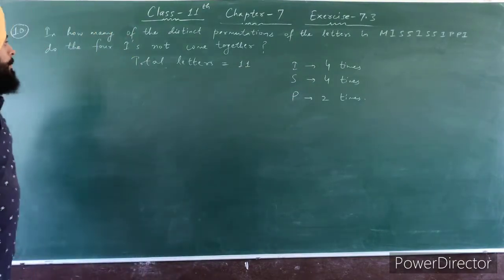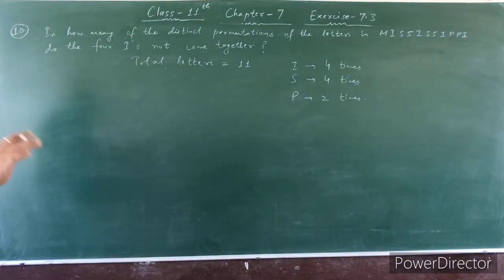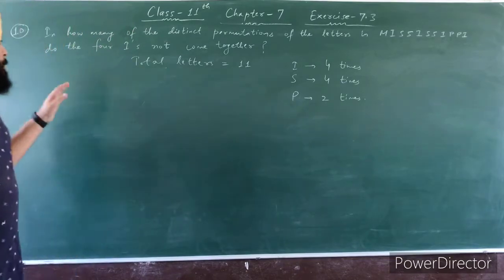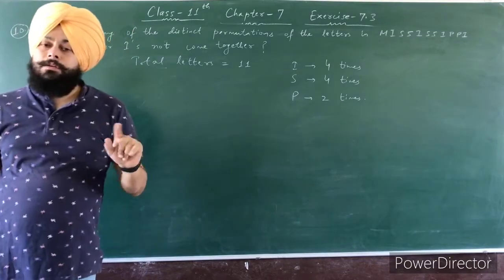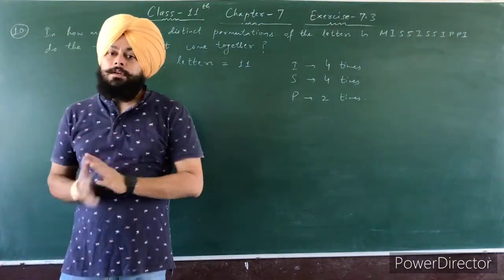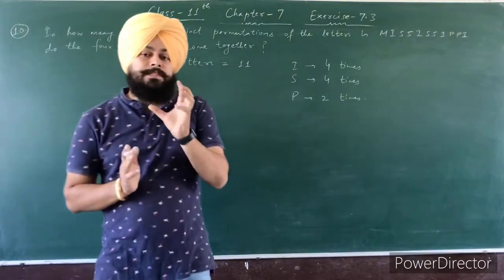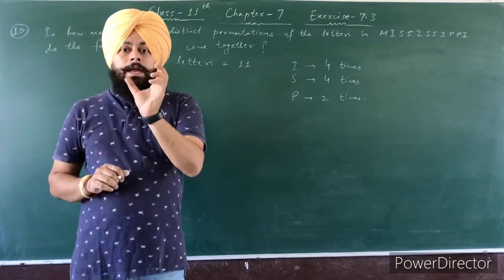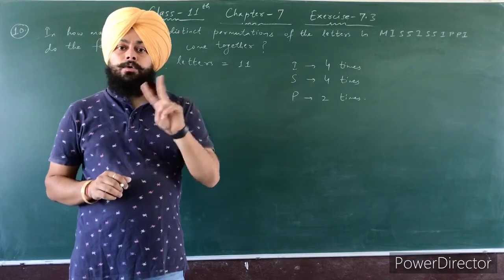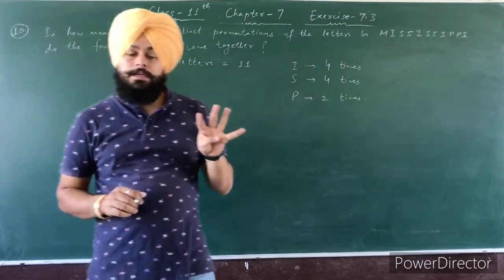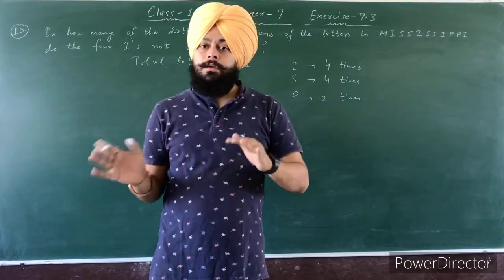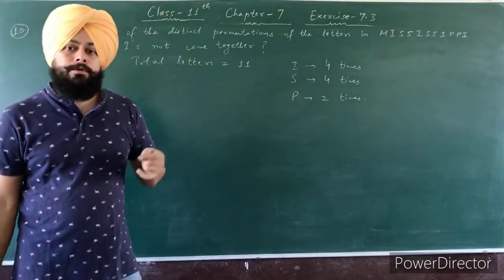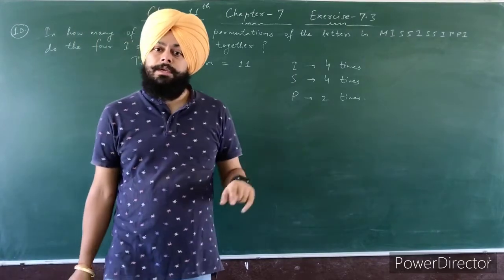So we have to find how many of the distinct permutations of the letters of Mississippi do the 4 I's not come together. Not come together. The question asks for the total arrangements possible of this word in which the I's are not together. The 4 I's can be in different places, but not together. So first we have to find the total number of arrangements of this word Mississippi.